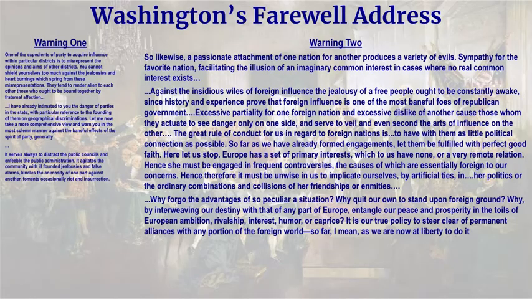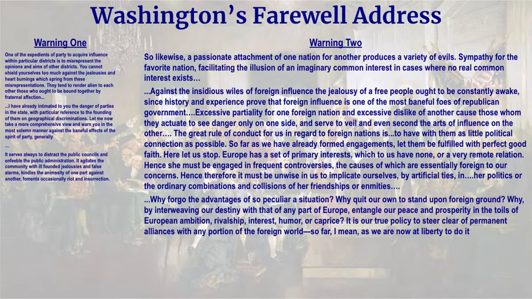But this next warning, see if we can figure out what he's talking about. So likewise, a passionate attachment of one nation for another produces a variety of evils. Sympathy for the favorite nation, facilitating the illusion of an imaginary common interest in cases where no real common interest exists.